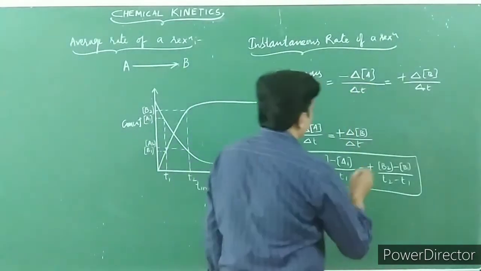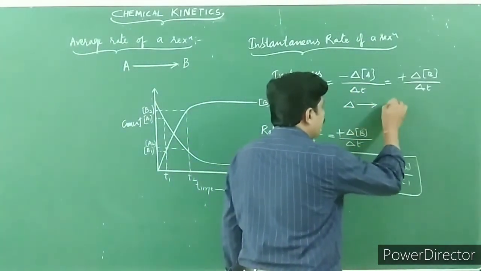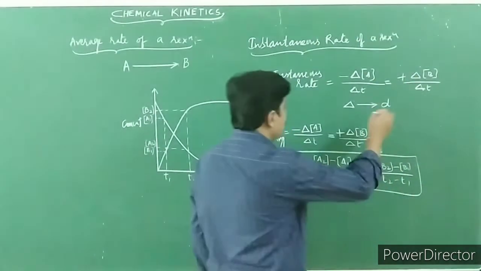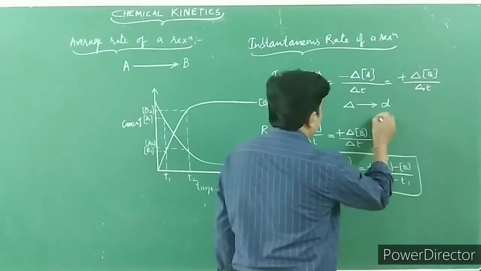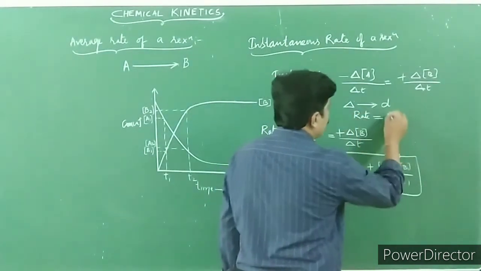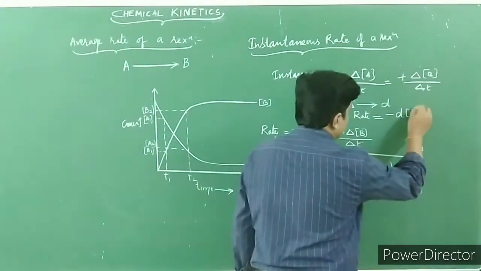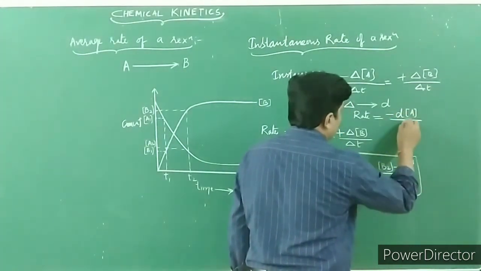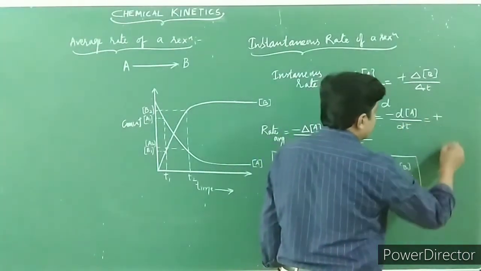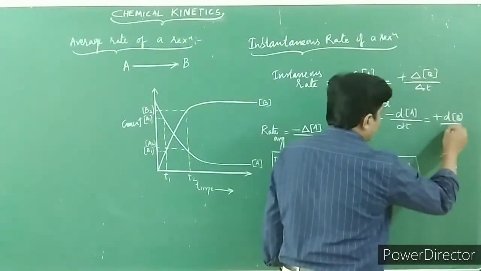It's a small interval. What I do now, delta, I'll put in the form of d, small change. Now in that case, how do I write that? Rate is equal to minus d concentration of A upon dt, that is equal to plus d concentration of B upon dt.